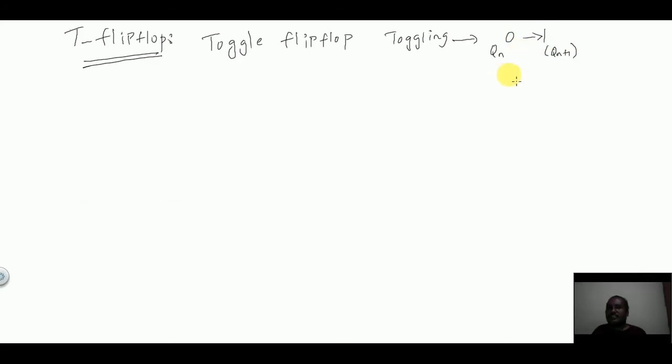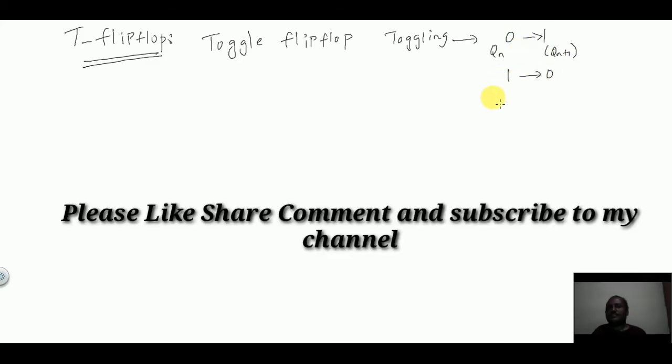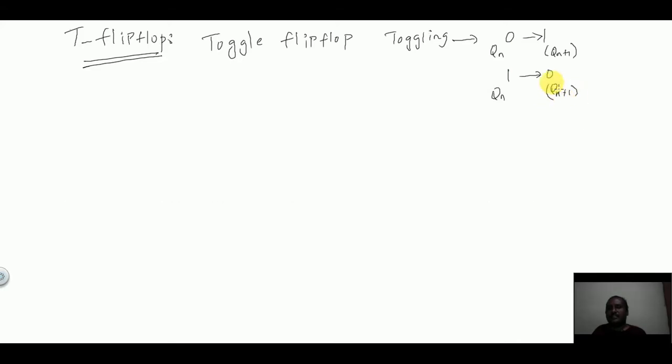That is called toggling, or changing from 1 to 0. If Qn is 1, then Qn plus 1 is equal to 0. So this condition is called toggling. That means 0 is changed to 1 or 1 is changed to 0. So T flip-flop is a toggle flip-flop.